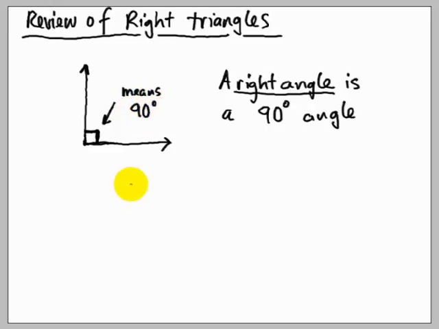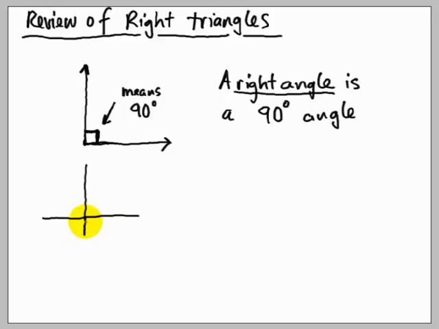And I want to say this as well. Let's say you're looking at a picture of some geometry, and you see this picture here, and you say to yourself, well, that kind of looks like 90 degrees. But if that little symbol, this little half square here, is not there, you're not allowed to assume that's 90 degrees, okay?